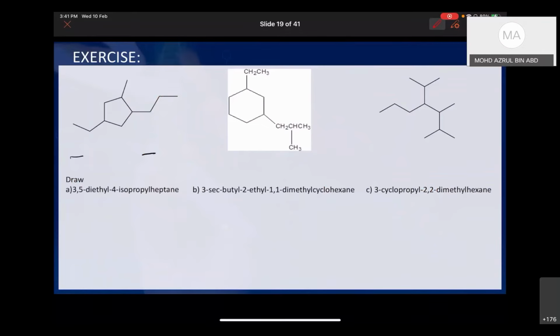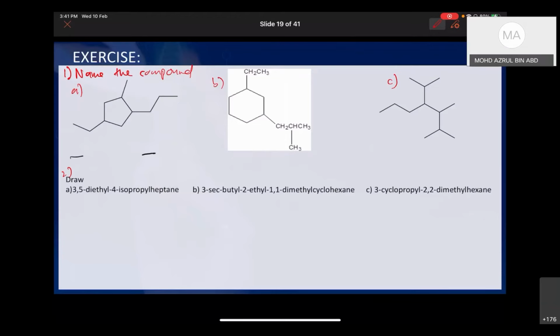Try, okay, just try question number 1. Name the compound. Name compounds A, B, and C. For question number 2, you can do it after the lecture, because drawing is quite easy.